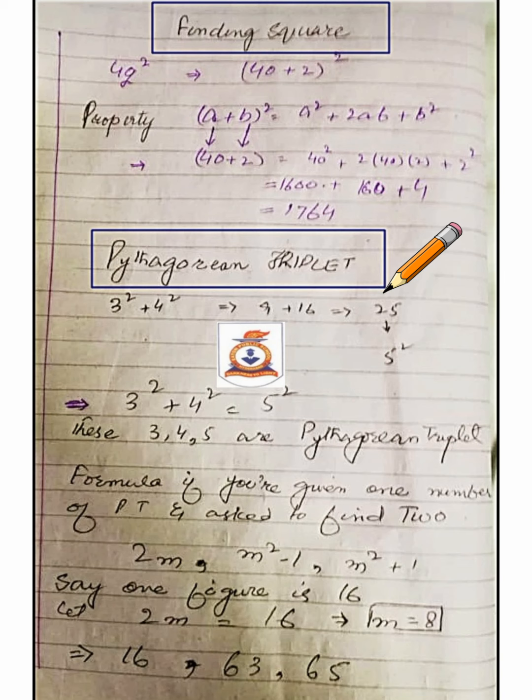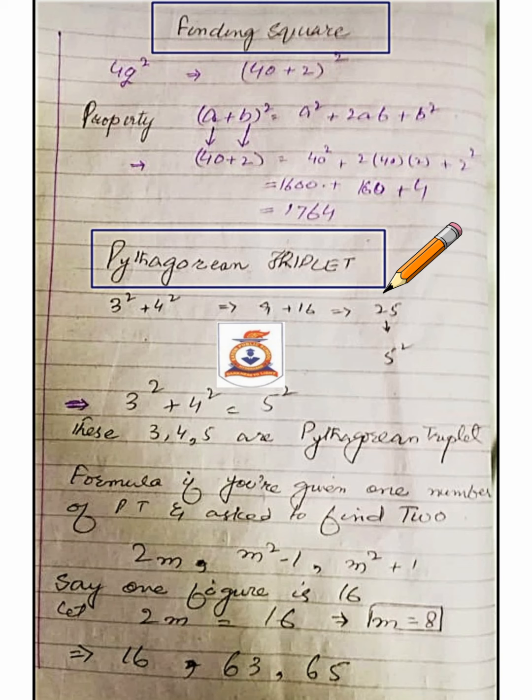Now we can solve it in a simpler form, because solving for 40 is easy, and solving for 2 is obviously simpler. You can see how I have applied the (a plus b) whole square formula in this slide. Practice it yourself, so that you feel more comfortable as we move toward the exercise.